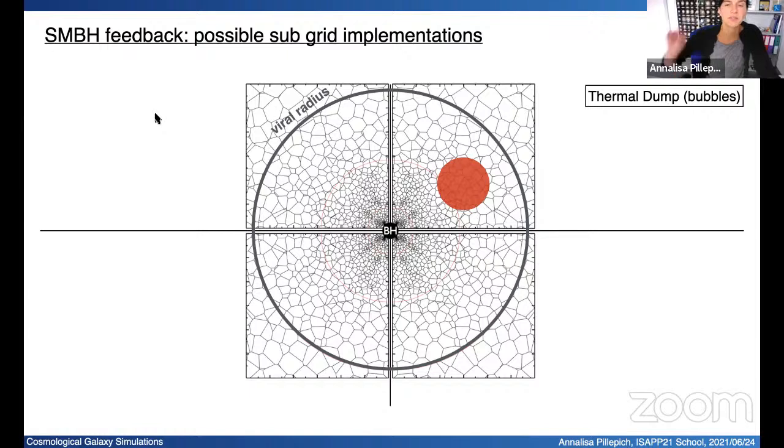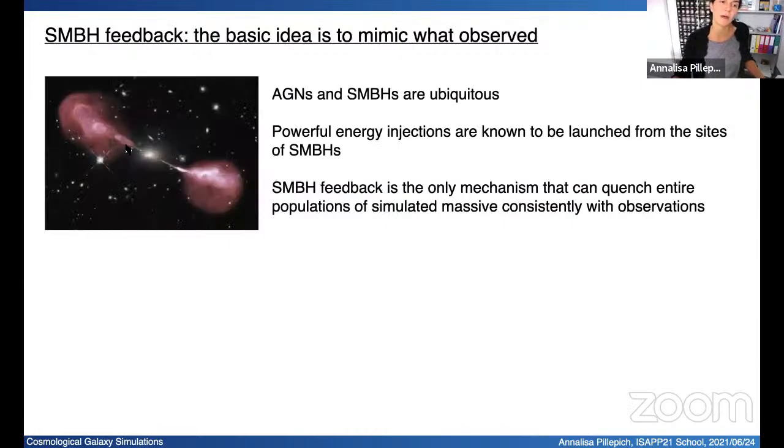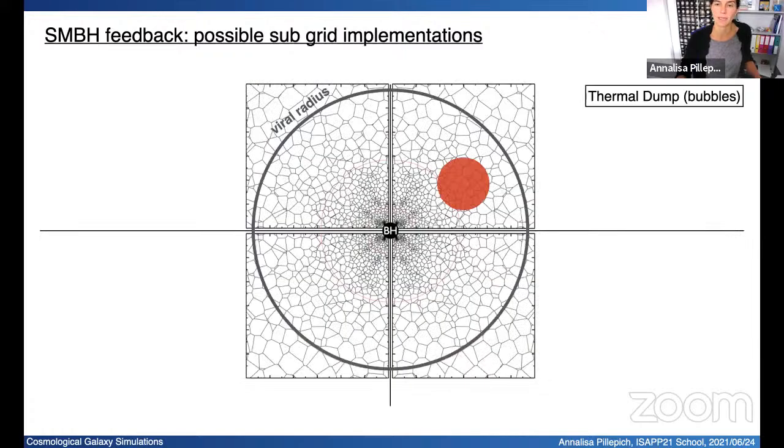In other cases, you dump thermal energy not around the black hole, but far away through the halo to mimic the endpoints, the ones we have seen at the beginning, the endpoints of these collimated jets. You may do it once in a while, with very energetic dumps, or you can do it more frequently with smaller dumps of energy.